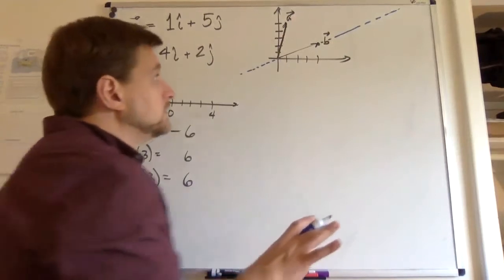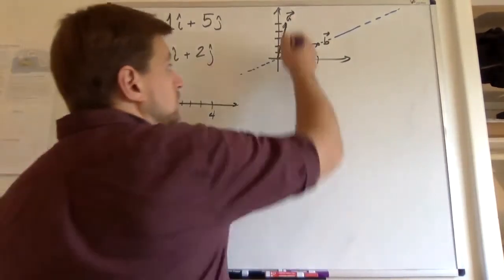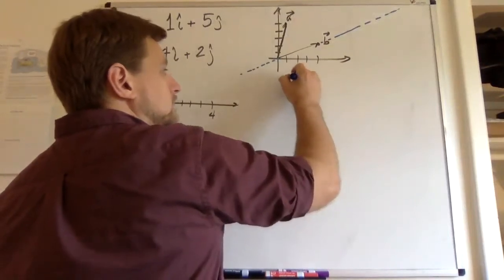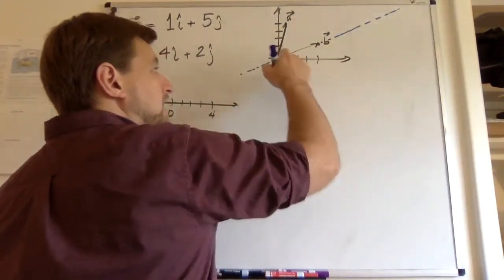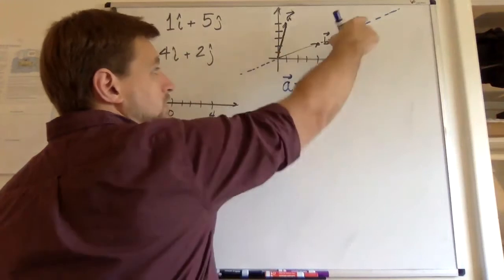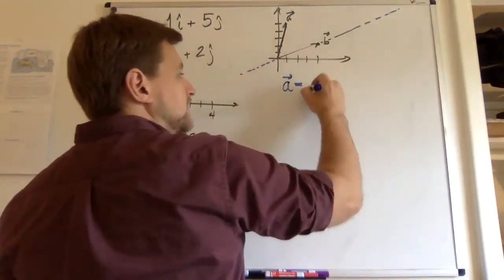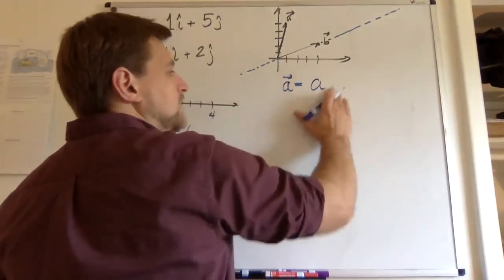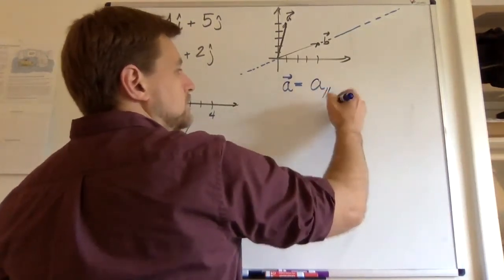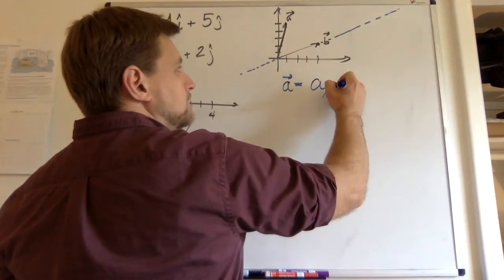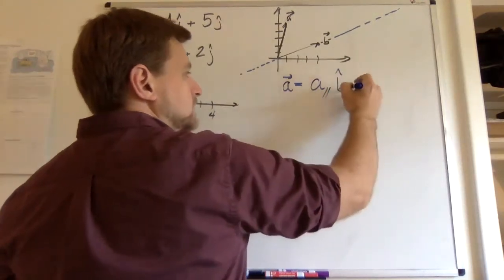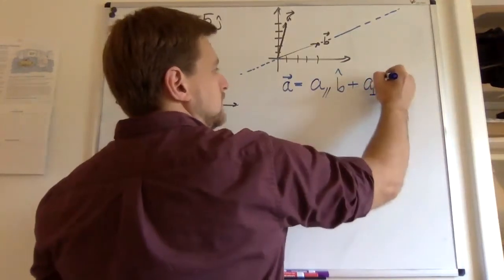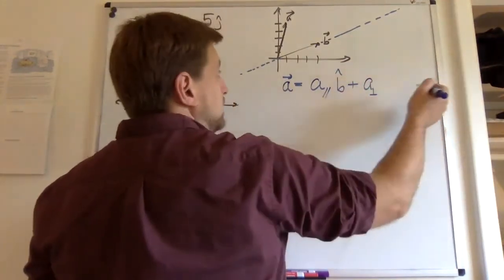We could, if we wanted to, write vector A as a piece along the direction of B. I'm going to say A sub B. You know what? I'm just going to say A parallel in the B direction. And a piece that's perpendicular to B in the perpendicular to B direction.